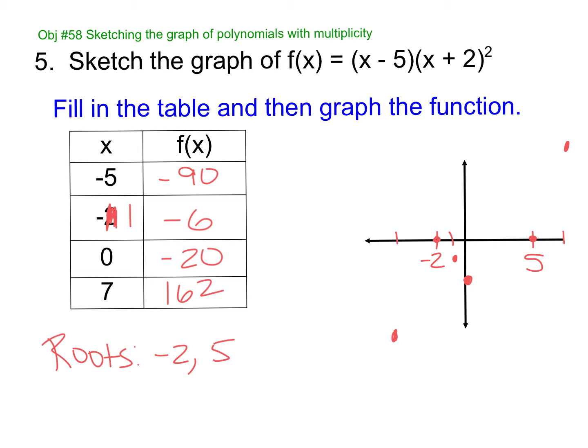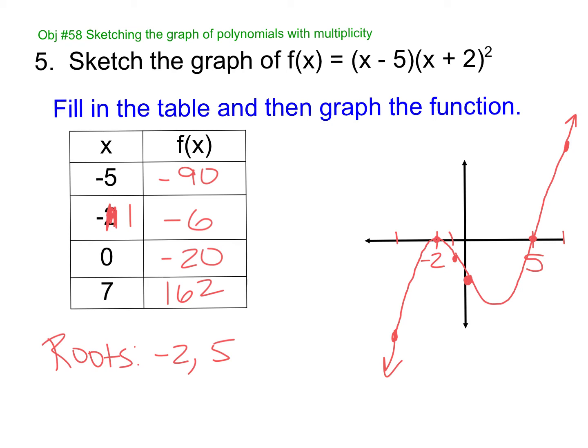Now if I connect these, this connects up to the -2, and then it comes down. Then I have to come around to that 5. So it comes down and around and then up. That is what this thing looks like.